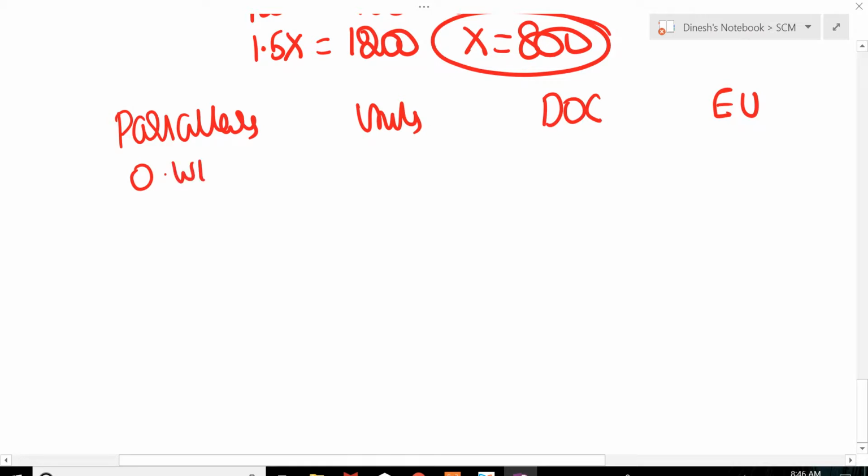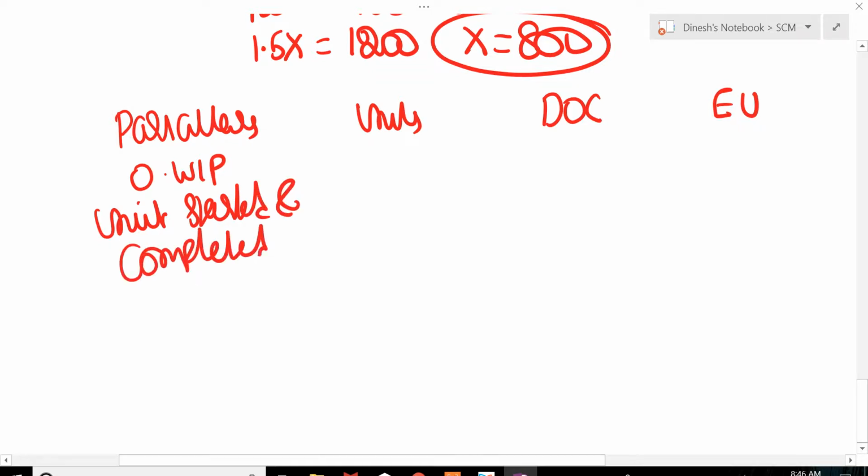Opening WIP, units started and completed. When I say units started and completed, it is not forming part of opening WIP and completed. Closing WIP is technically units started but not completed.